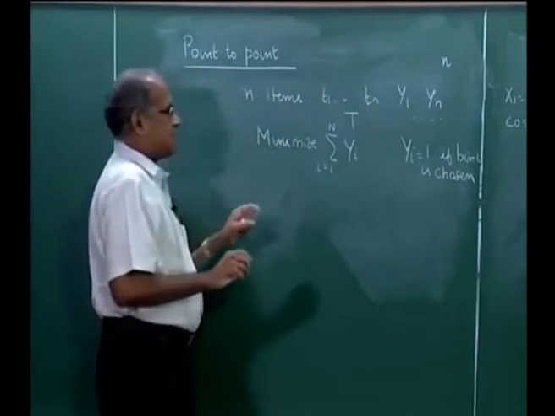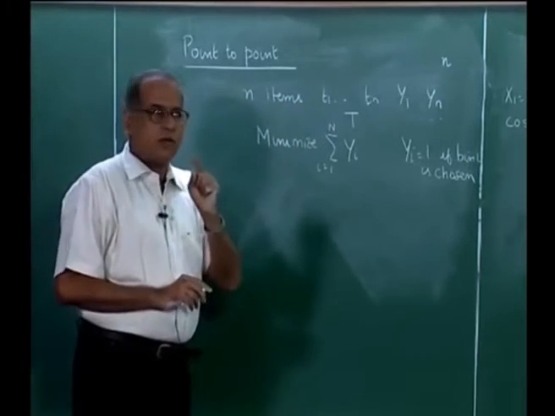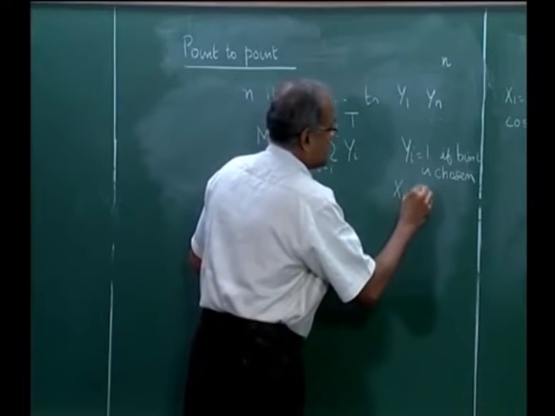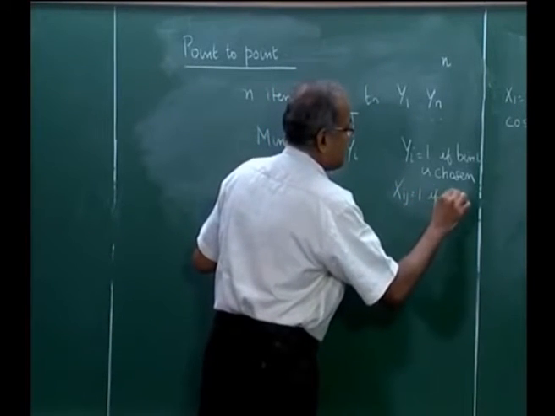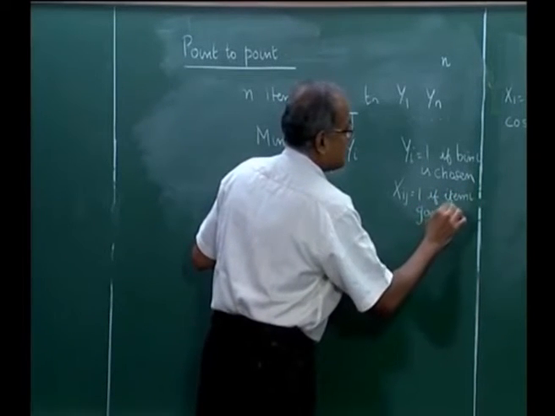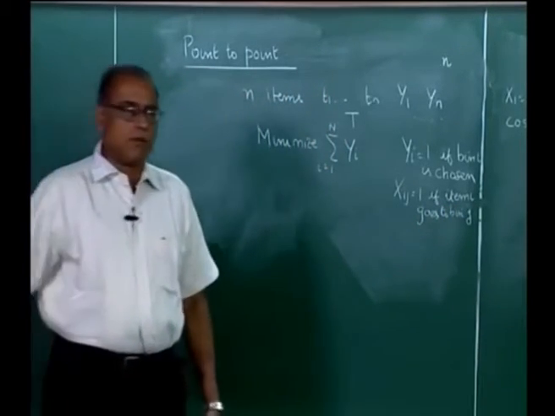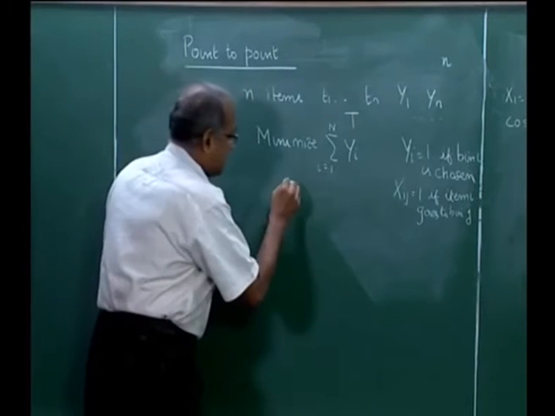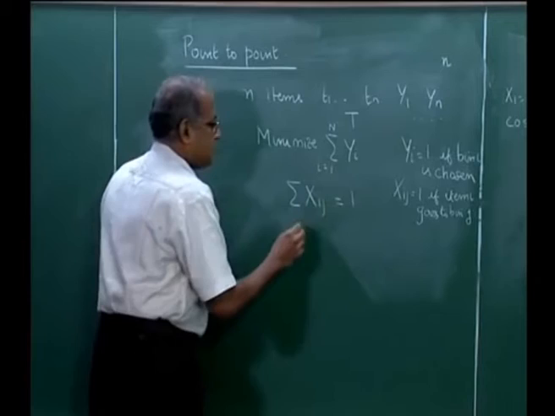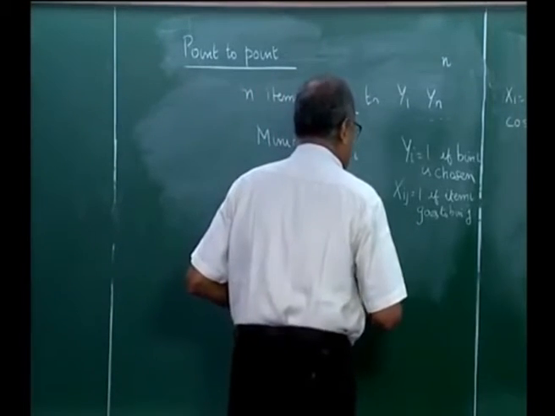Now, what are the constraints? Each item should go to only one bin, and before that I need to introduce another variable xij equal to 1 if item i goes to bin j. Let me look at it slightly differently.